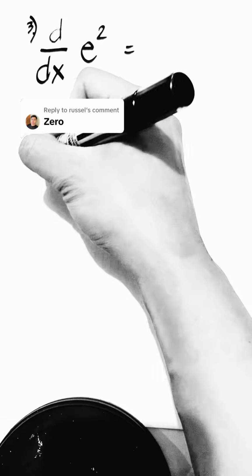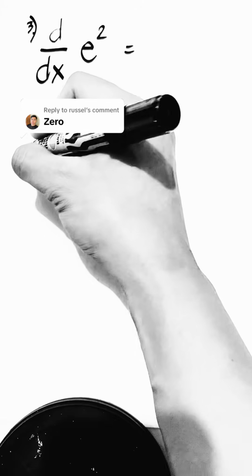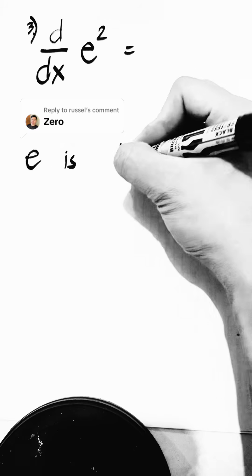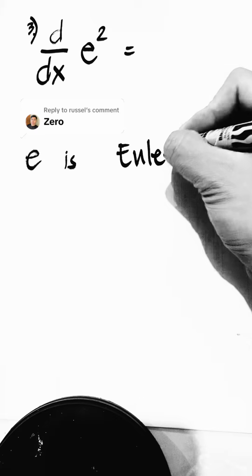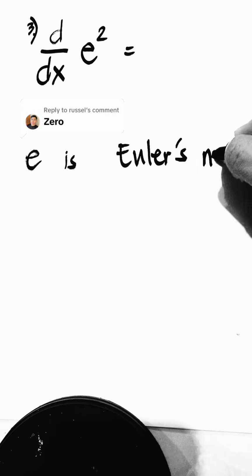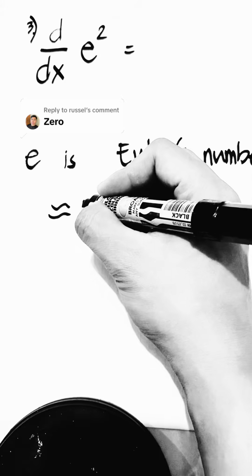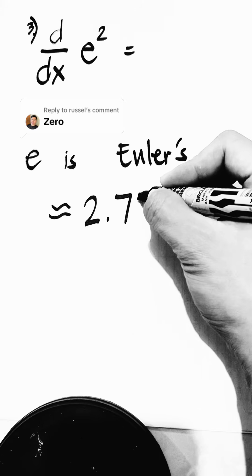But in this case, the e here is considered a Euler's number, which is equivalent to 2.718.